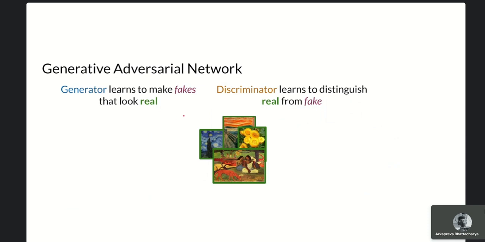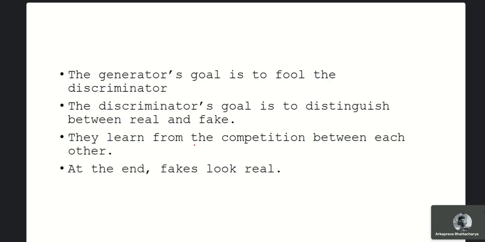And over a period of time, the generator will gain such expertise that it will make fakes that actually look real, and the discriminator will no more be able to distinguish between the real and the fake. That is our purpose, to create realistic photos from the given images.